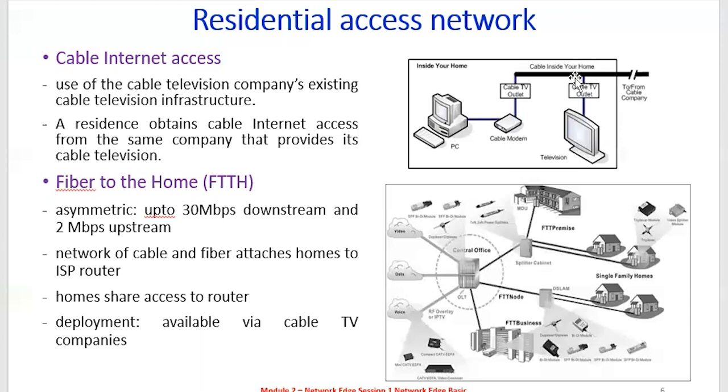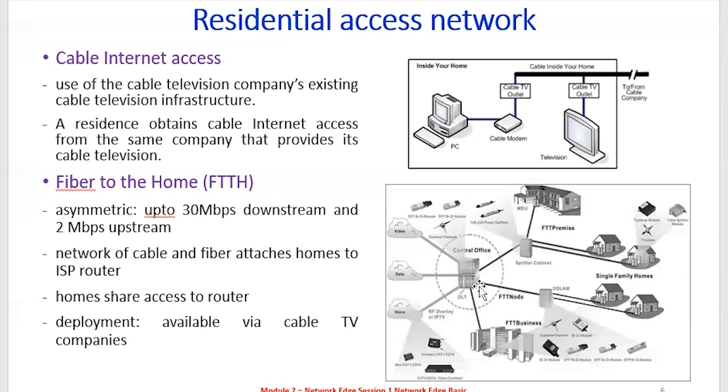The fourth category of access network we have is fiber to home. This is very popular in recent years. I think the same cable TV also, for example, Airtel is providing all the combination. It provides DTH, it provides you fiber to home, etc. So here, an exclusive cable will come. Say, for example, you have your central office here. From the central office, you have exclusive fiber.